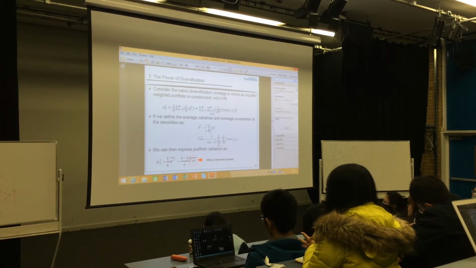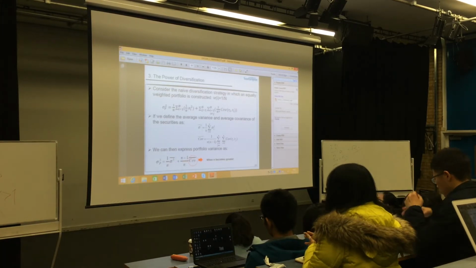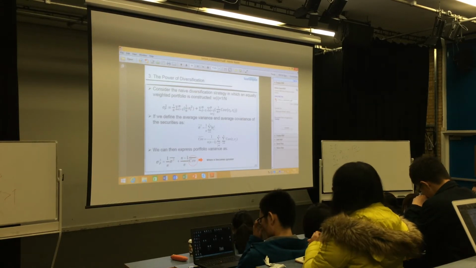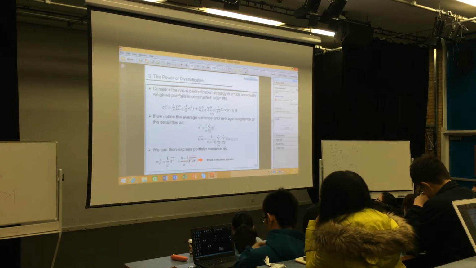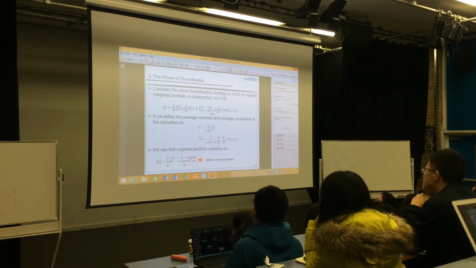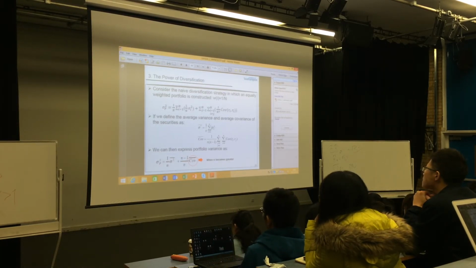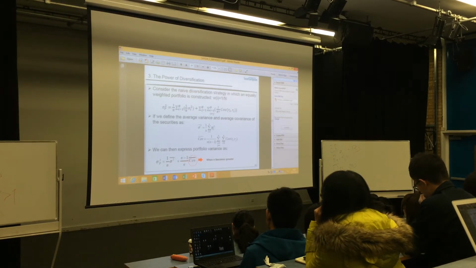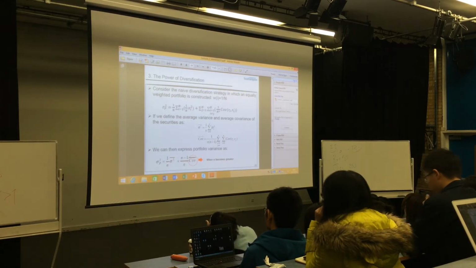Okay, so here, if I have N stocks, I can simply substitute these terms. The N variances are equal, so instead of counting each variance, I can just multiply N by this quantity, and I get the average variance of my portfolio multiplied by 1 divided by N. This is the covariance part of my portfolio.